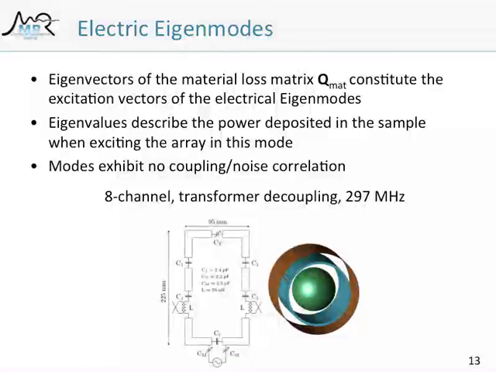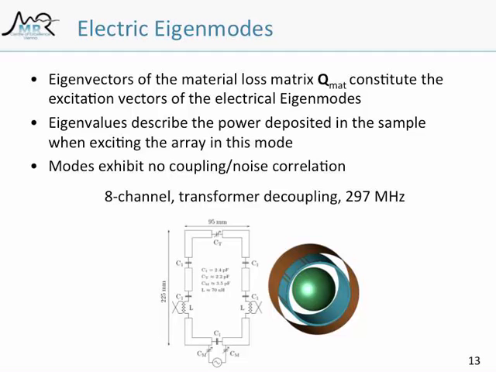So let's just have a quick look at a simple 8-channel coil array that looks like just any standard head coil geometry that you would get for a parallel transmit experiment. You've got 8 channels. They are decoupled with those little transformers, and we're at 7 Tesla frequencies.